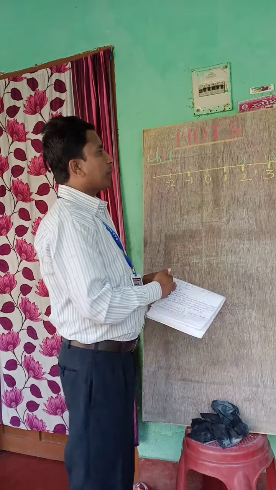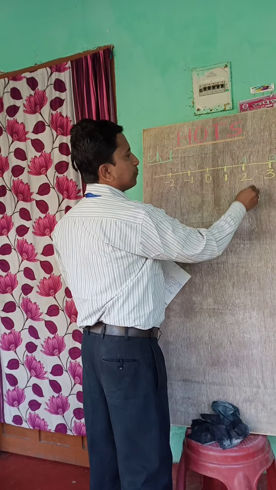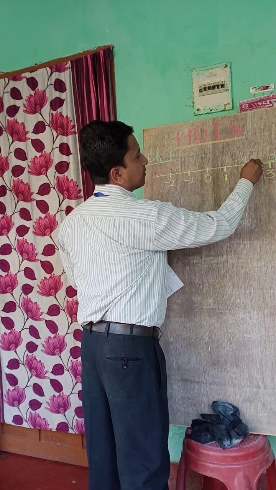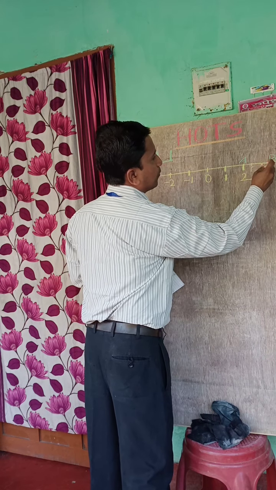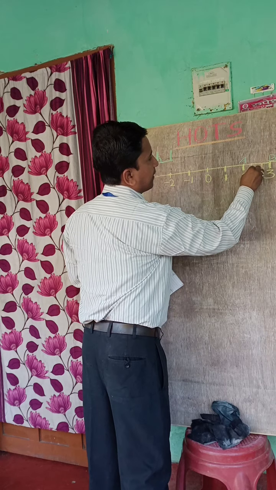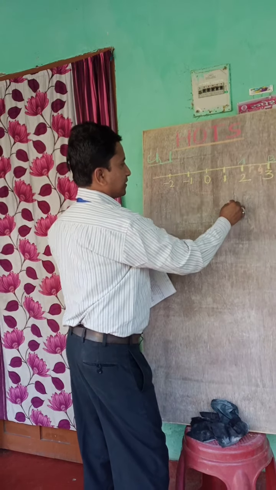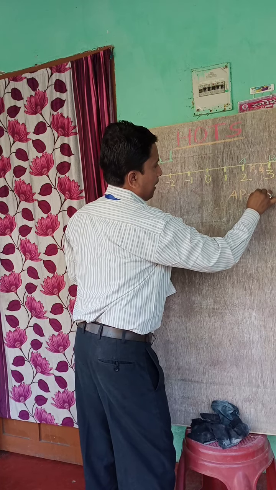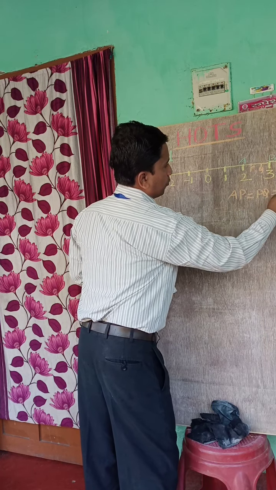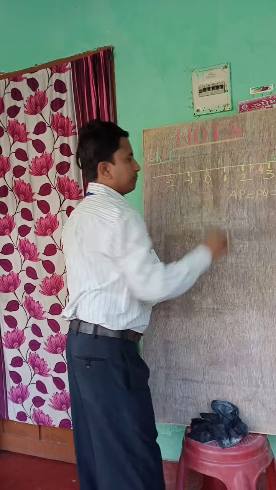Here you have to find 2 points between A and B, P and Q, such that AP equal to PQ equal to BQ.